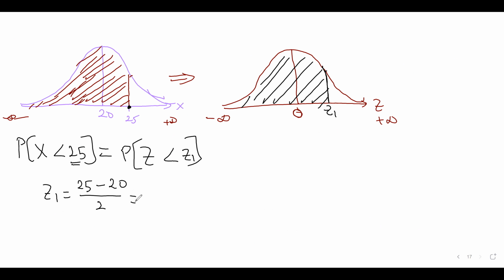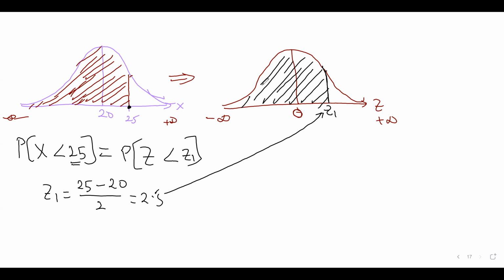So that will be my z value, which is 2.5. So that means that this point here is 2.5 standard deviations above the mean. We need the area below there, the shaded area here.